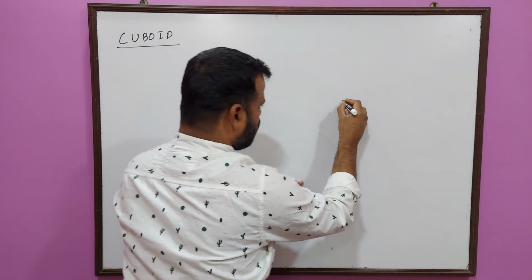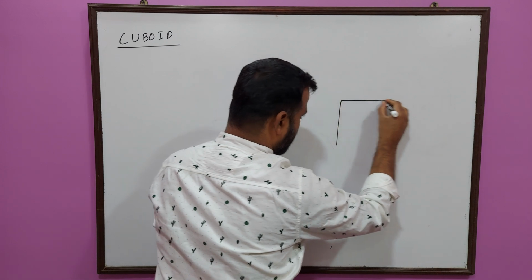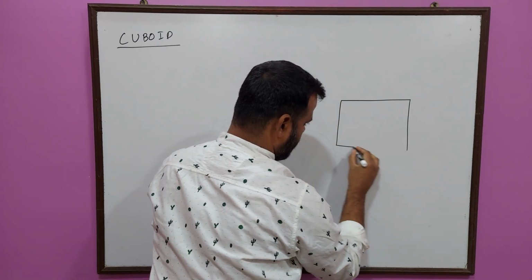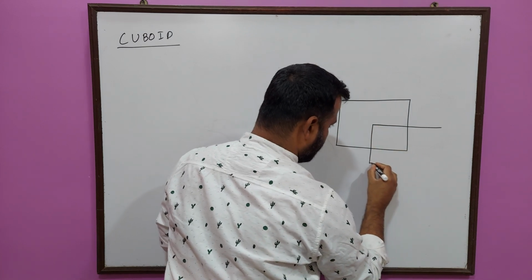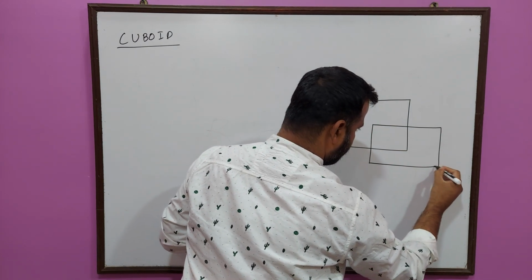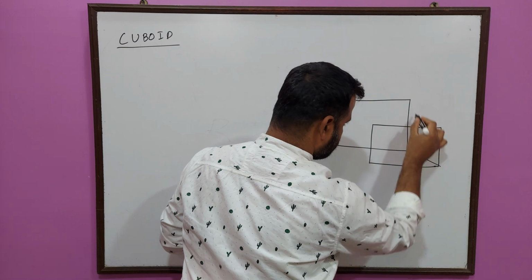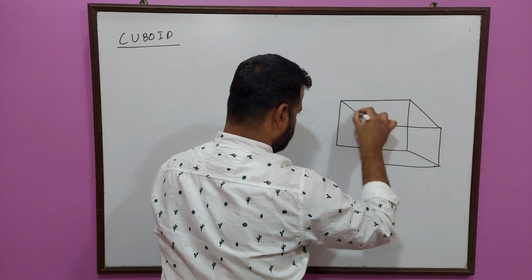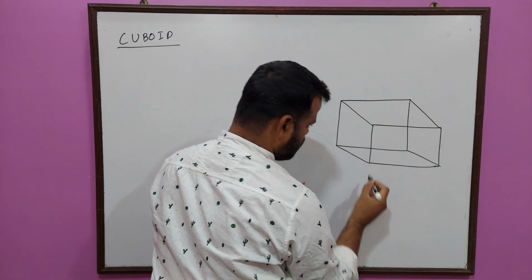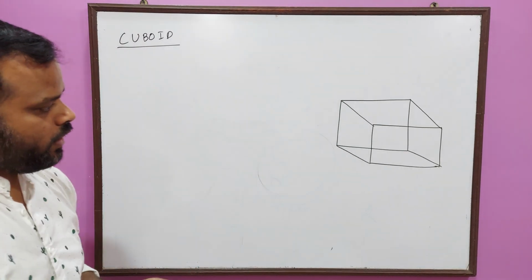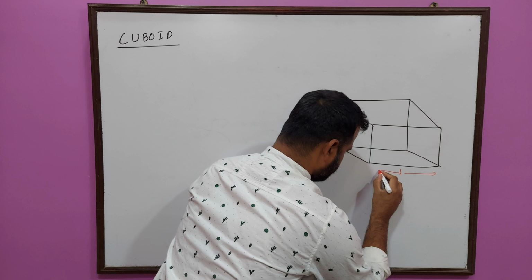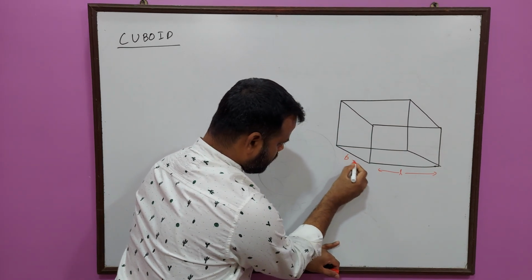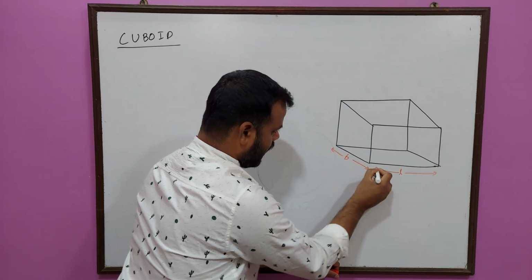Cuboid means the length, breadth and height will be different. So this is a cuboid. It will be having a length, a breadth and a height.